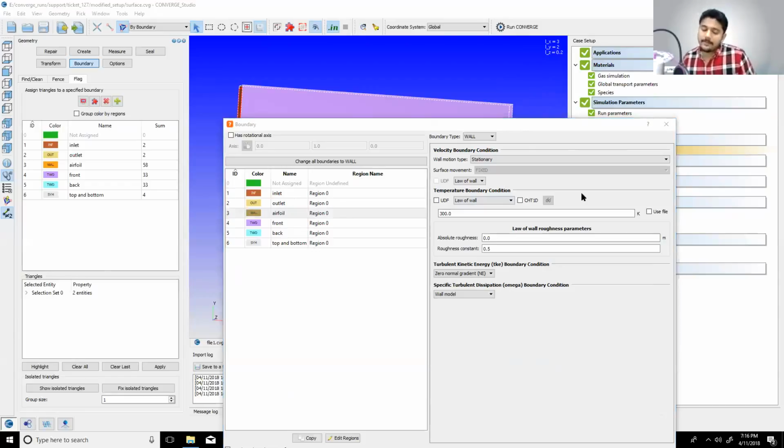What is CFL number? Well, CFL stands for Courant. It's a Courant number. Actually in CFL, C stands for Courant, F stands for Friedrichs, and L stands for Lewy, but usually you call it the Courant number. This says what is the stability of your numerical discretization.